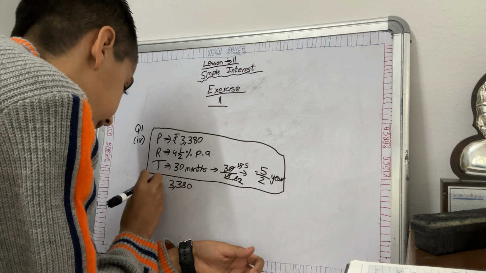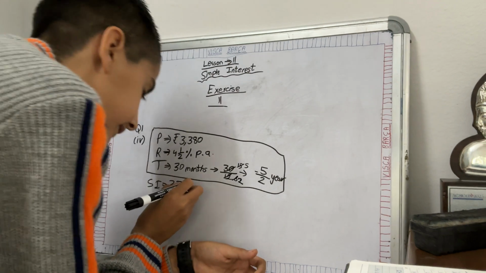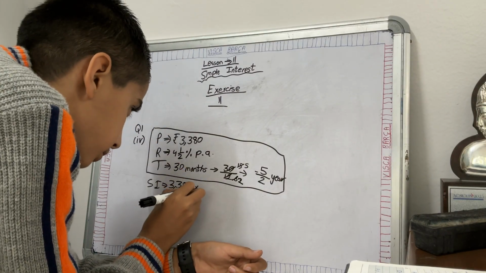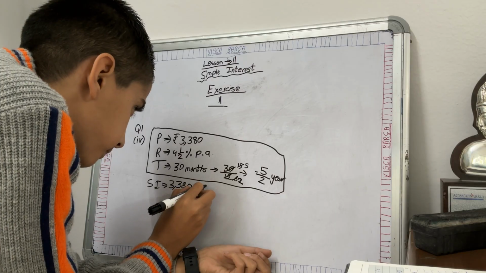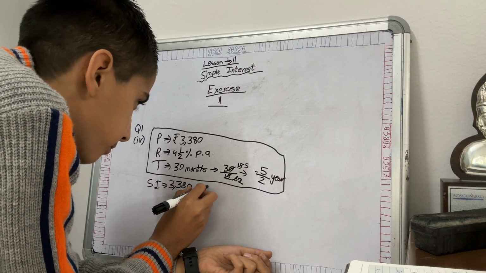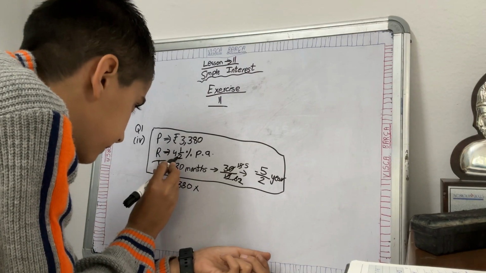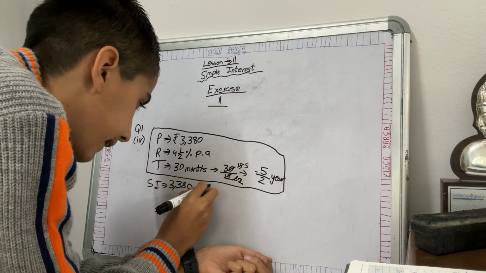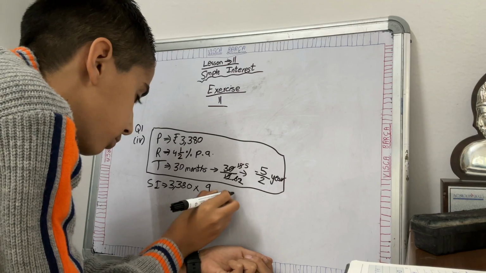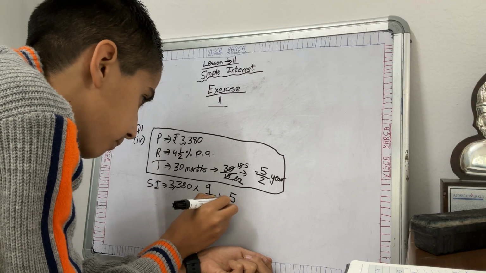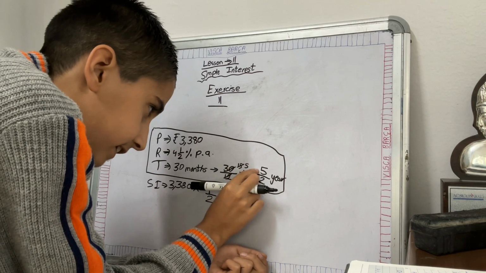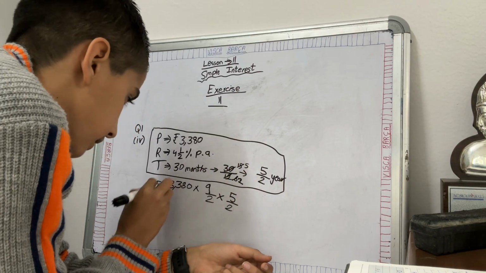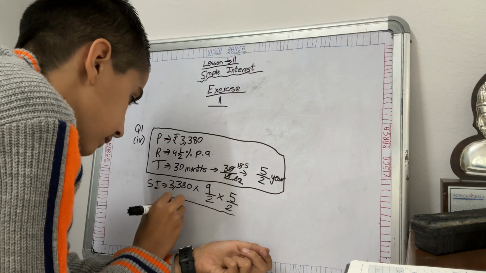So SI is 3380 into, we'll convert this into an improper fraction, 9 by 2 into 5 by 2. Sorry, I have written minus here. It's not minus 5 by 2, it's 5 by 2, upon 100.